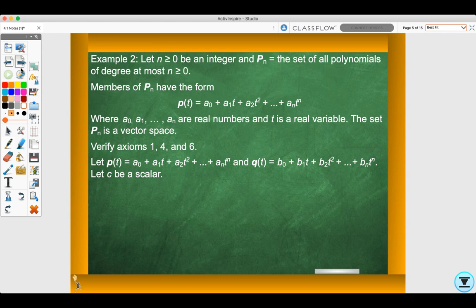The set Pn is a vector space. Verify axioms 1, 4, and 6 that we just went over. Let p of t equal a0 plus a1 t, and let q of t equal b0 plus b1 t, all the way to bn times t to the n, and let c be a scalar.